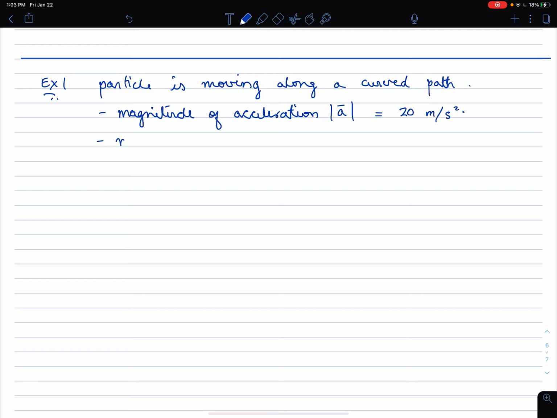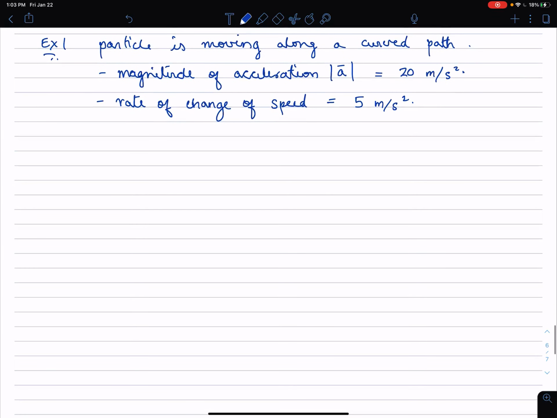The rate of change of speed is given to be 5 meters per second square. The current speed is given to be 2 meters per second. And then the question is: determine the current radius of curvature.